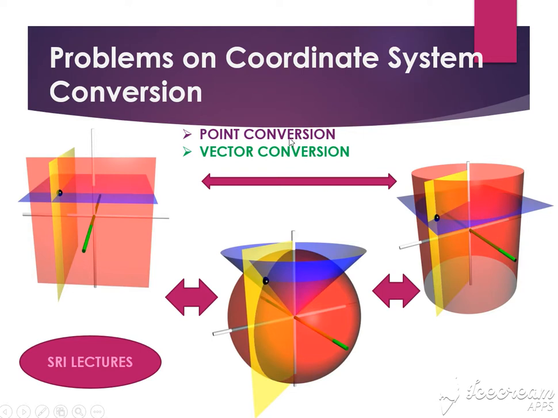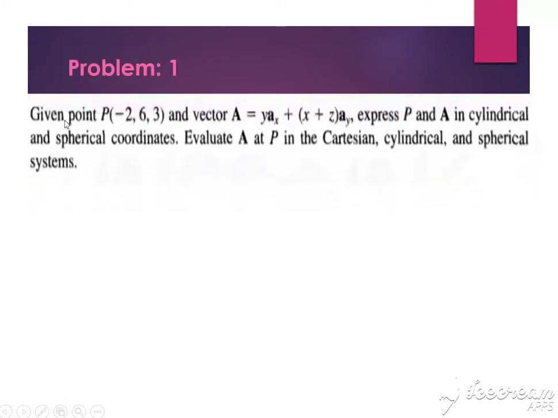So in this video we will discuss some problems on coordinate conversion, both point and vector conversion. The first problem: given point P(-2, 6, 3) and vector A = yax + (x + z)ay, express P, that is point P, and vector A in cylindrical and spherical coordinates.